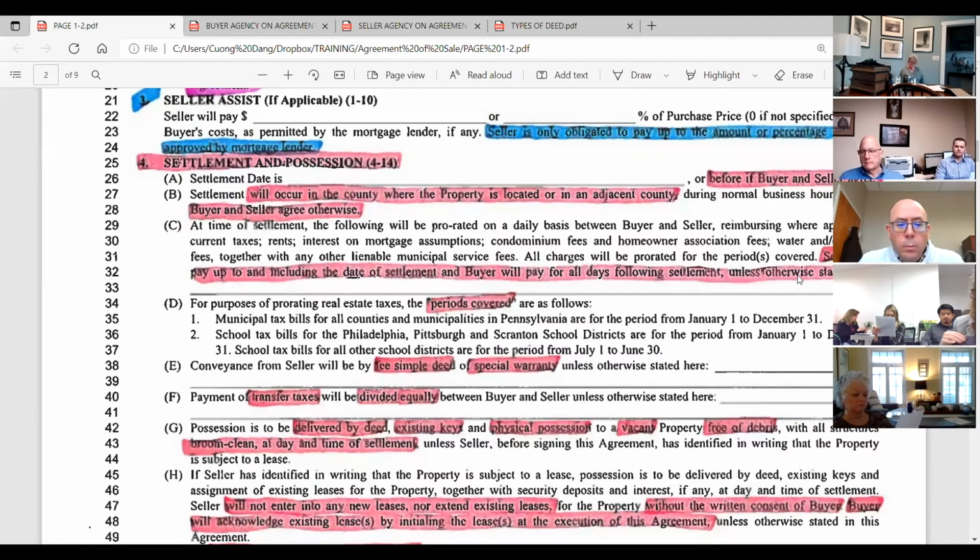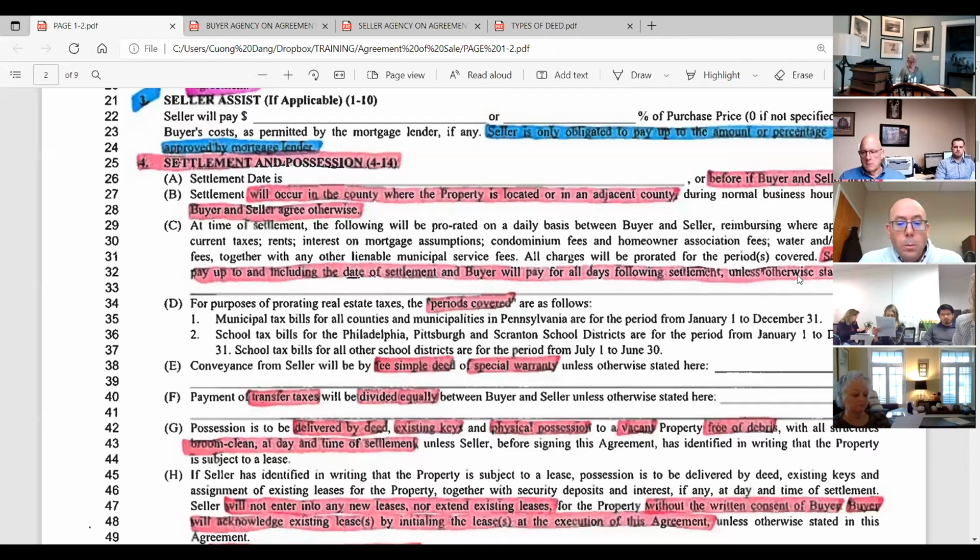All these charges will be prorated for the period covered. Then I have highlighted, seller will pay up to and including the date of settlement, and buyer will pay for all days following settlement, unless otherwise stated here.